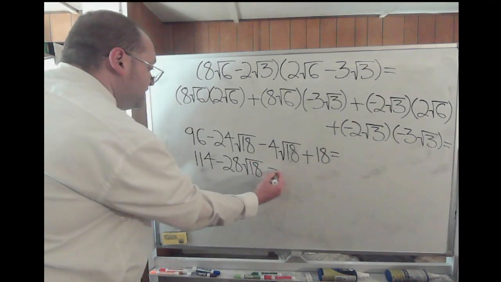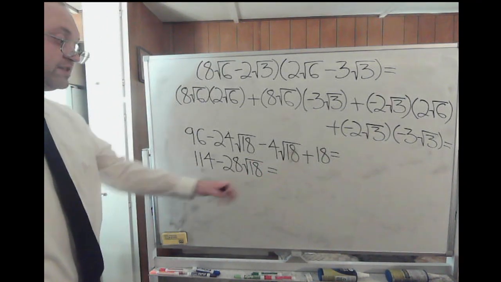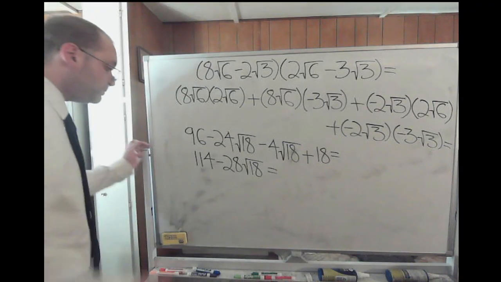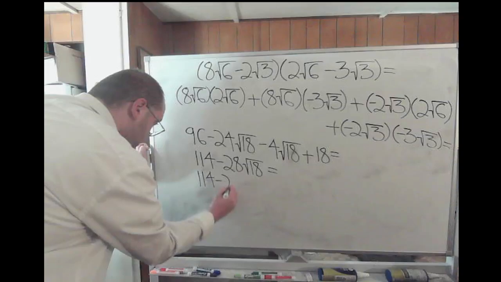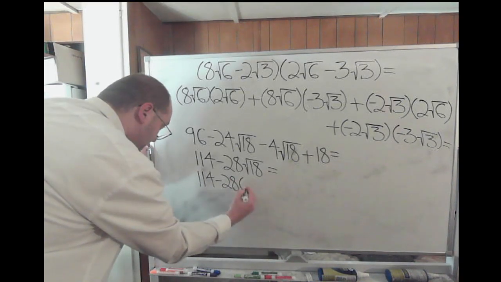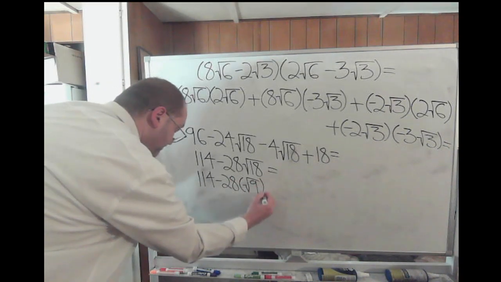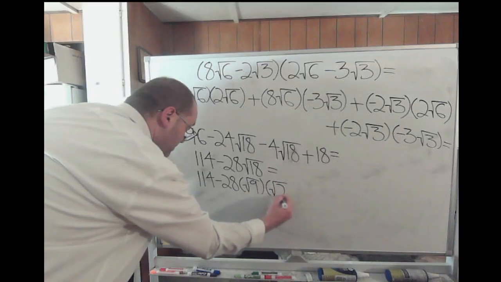Well, we're not done yet because the square root of 18 factors further, right? This could factor into, let's see, 114 minus 28 times the square root of 9 times the square root of 2, right?